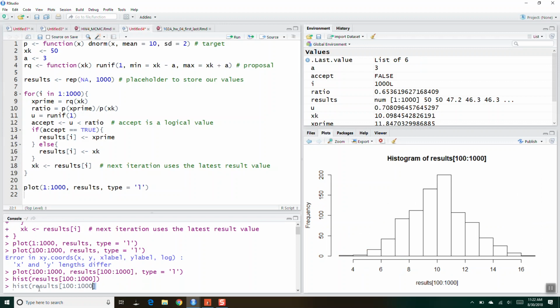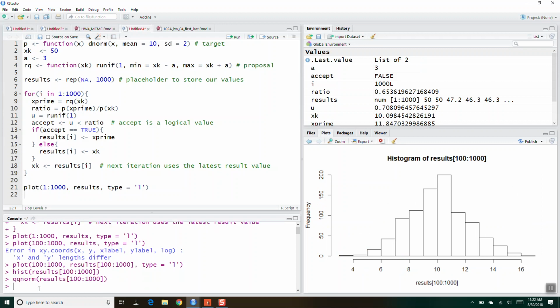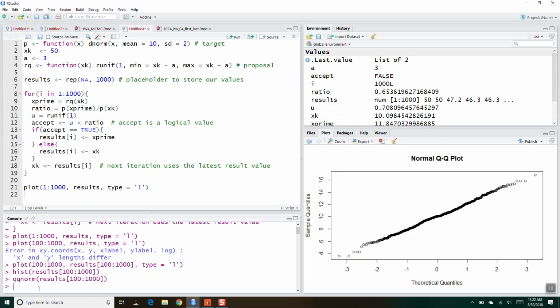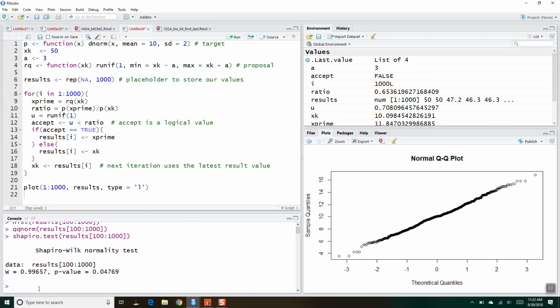We can do a QQ norm just to see, right? We can run a bunch of normality tests. That looks reasonable, okay? We can do a Shapiro test and ask, do we have any reason to believe that these are not normal? Our p-value isn't the greatest, but it's around 5%. It seems kind of on the cusp of maybe it is, maybe it isn't normal, okay?